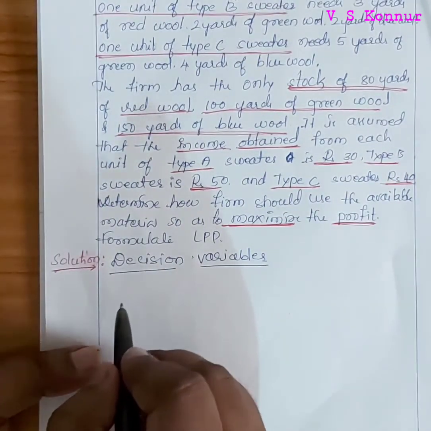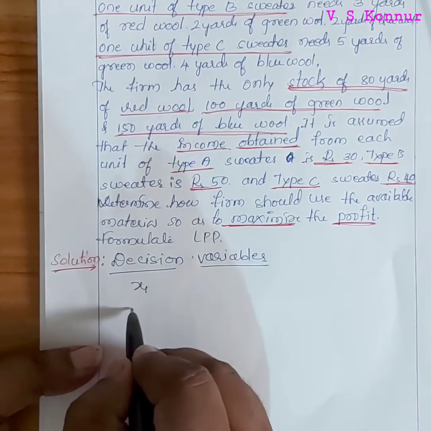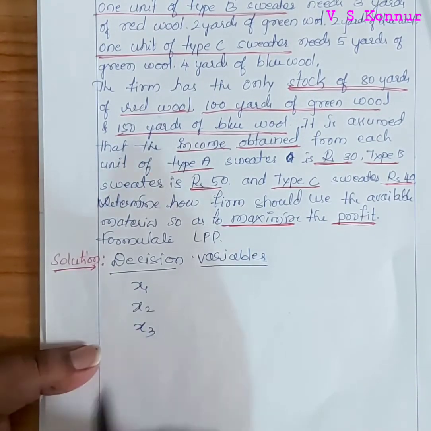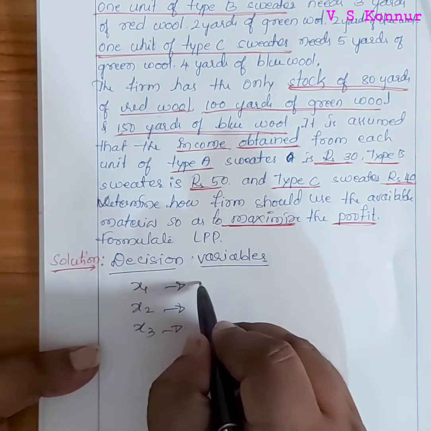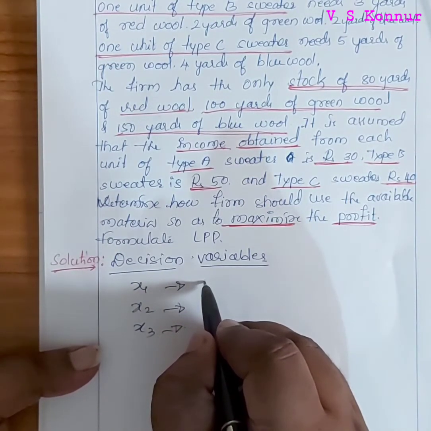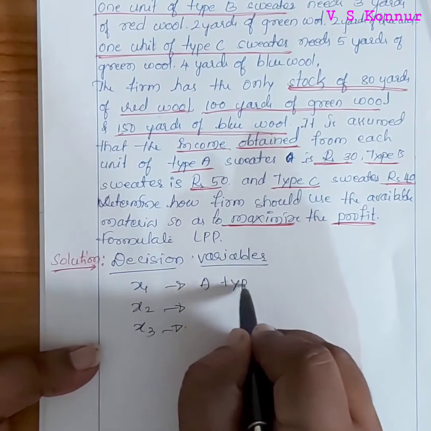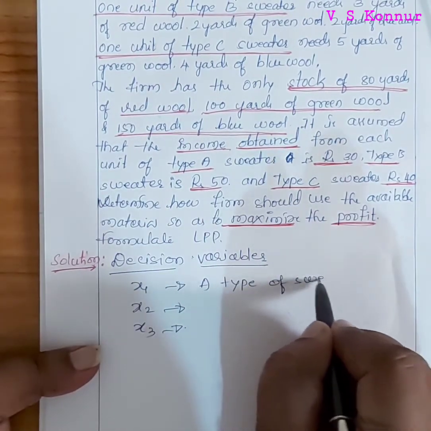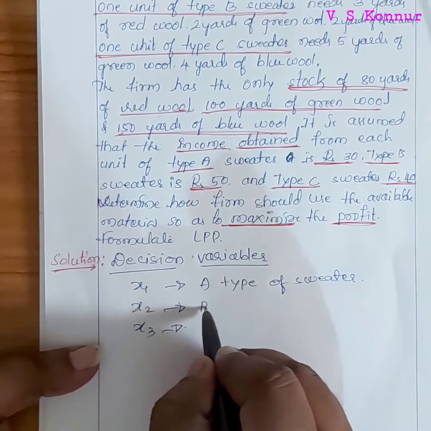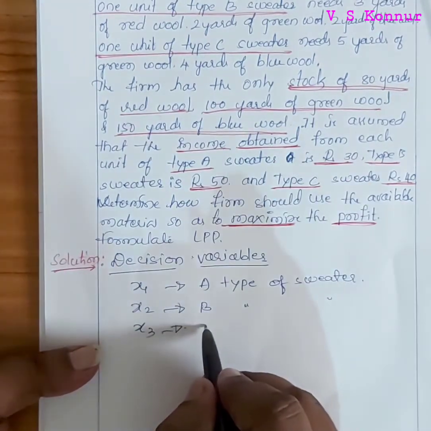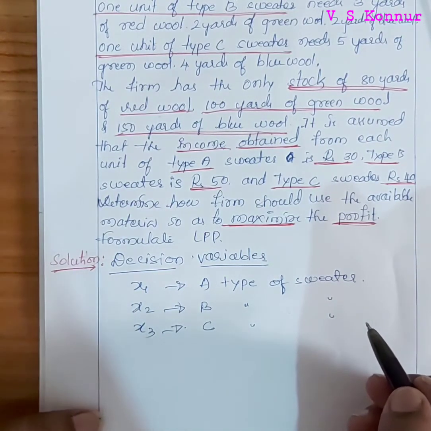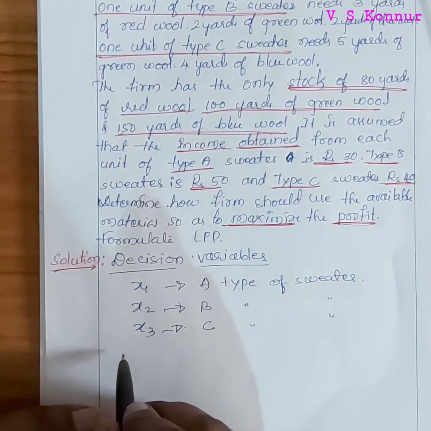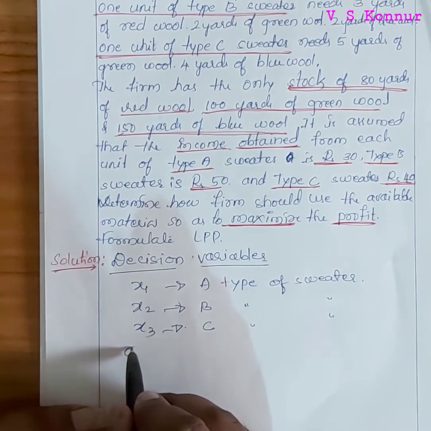The decision variables are x1, x2, x3, because it is producing three types of sweaters. x1 is for A type of sweater, then x2 for B type of sweater, x3 for C type of sweater. These are the three decision variables we have defined. Next we'll move on to the objective function.